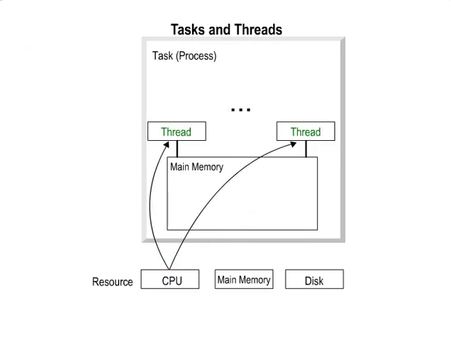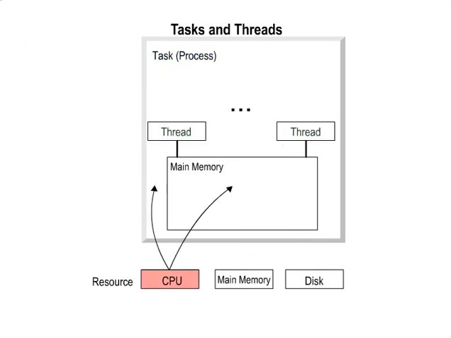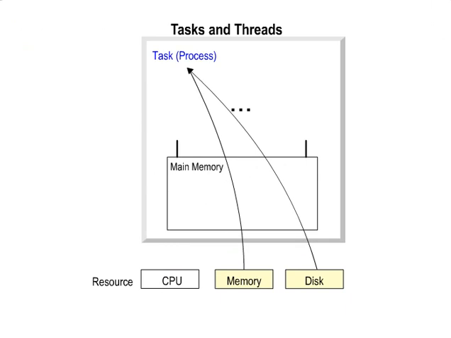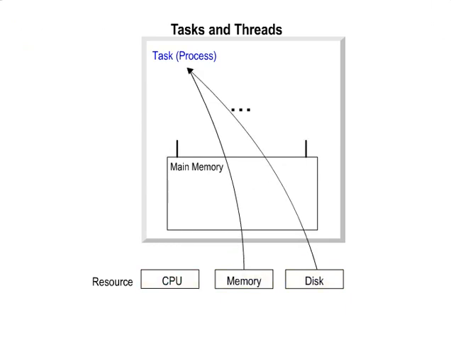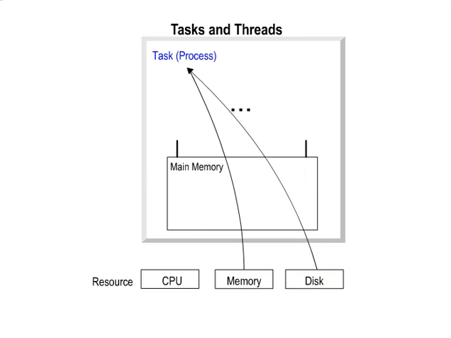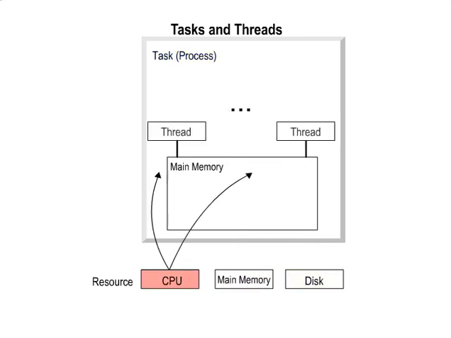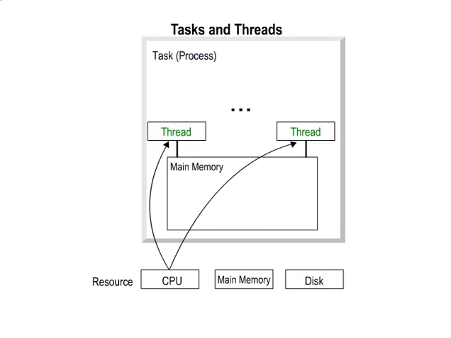The thread first came out in the latter half of the 1980s. Tasks, or processes, are subdivided into threads, and each thread is allocated a CPU resource. However, each thread is not allocated the other resources, such as main memory and disks, so the resources allocated to its parent task, or process, are used for the thread.